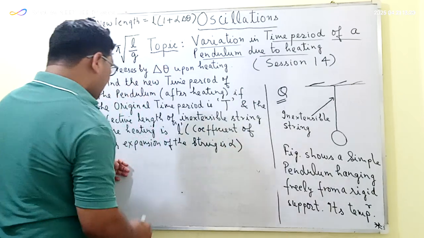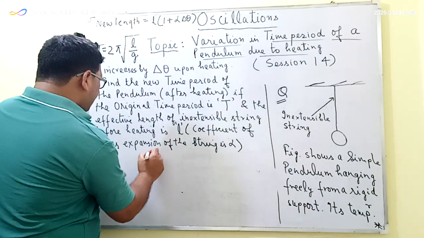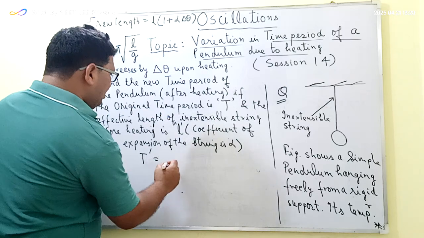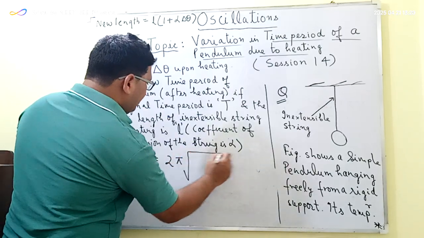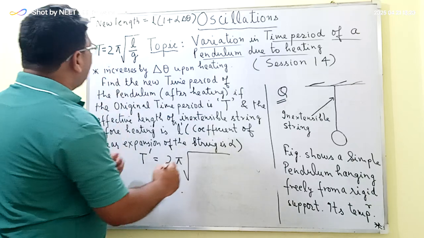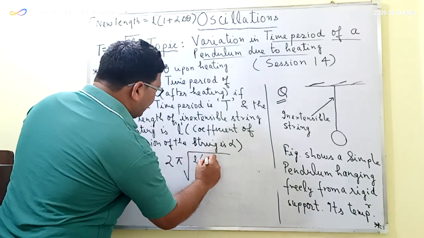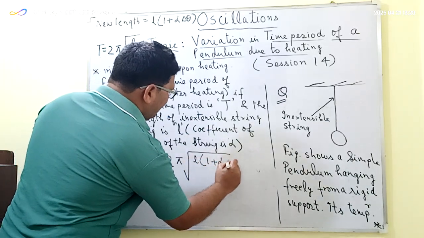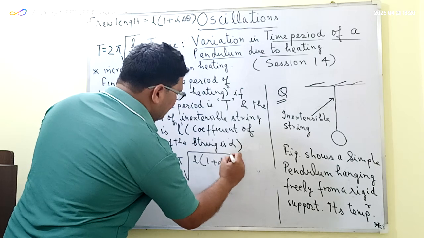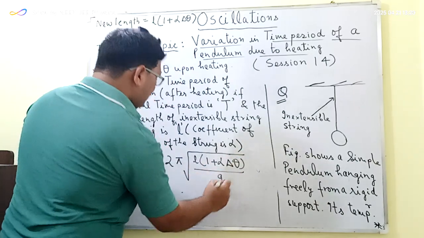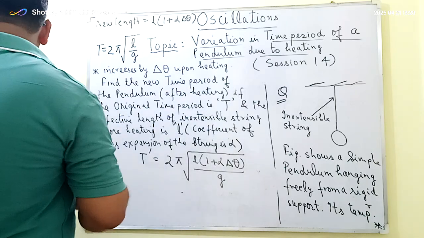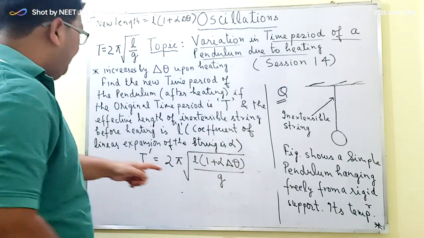Now here the new time period, that is T dash, will be equal to 2 pi under root the new length of the string, which is equal to L in bracket 1 plus alpha delta theta, divided by g. So this is the new time period.